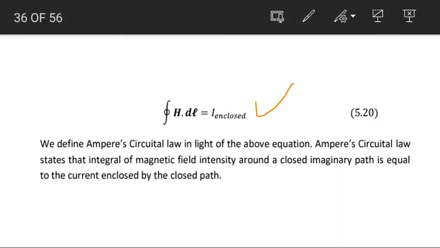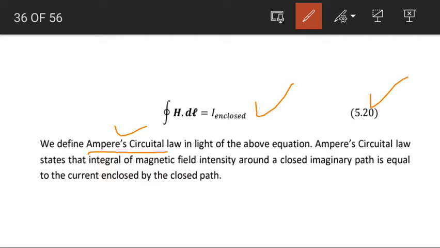So if we look at equation number 20, we can say that the integral of the magnetic field intensity around the closed path will be equal to the current enclosed by the closed path, and this law is known as Ampere's circuital law.